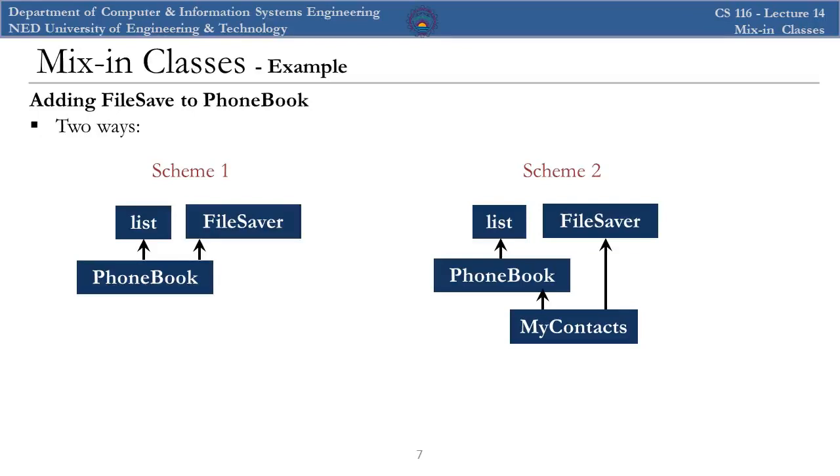So this scenario is suitable if phone book has already been implemented, like somebody else wrote this and you are using that class, and you cannot change that class, or you don't want to change that class. You can create a third new class, in fact in this scenario, fourth new class, and then you can make it inherit from whichever class you want. So both scenarios are fine, but in this lecture, I'll implement scheme one.